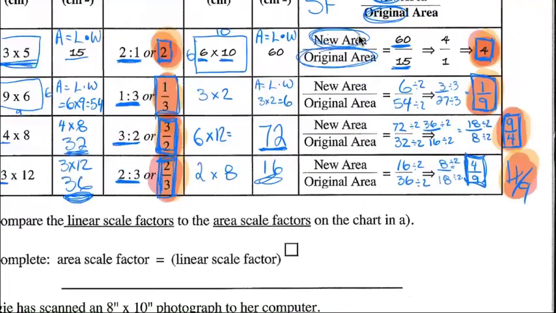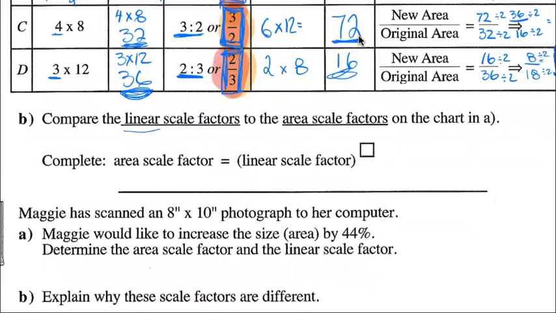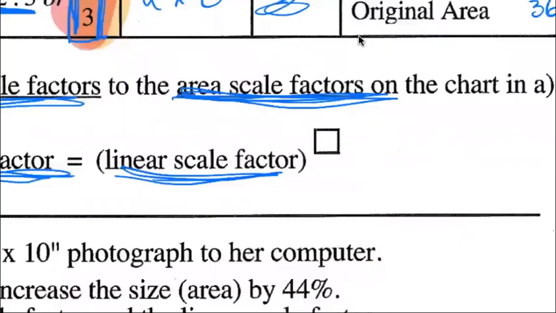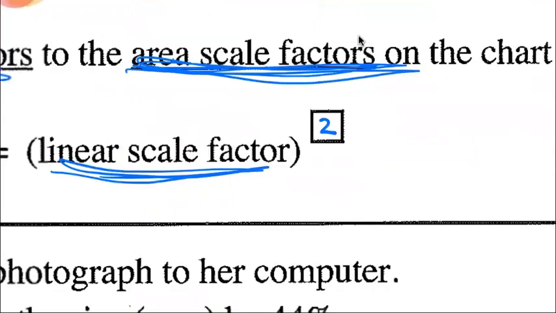Hopefully, you were able to mentally come to the conclusion that the relationship between linear scale factor and area scale factor is that area scale factor is the linear scale factor squared, multiplied by itself.